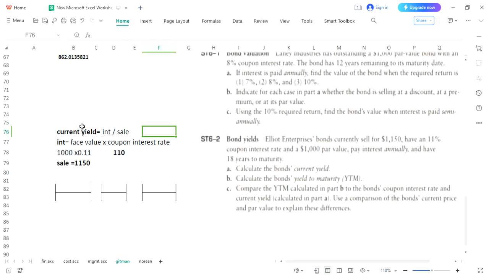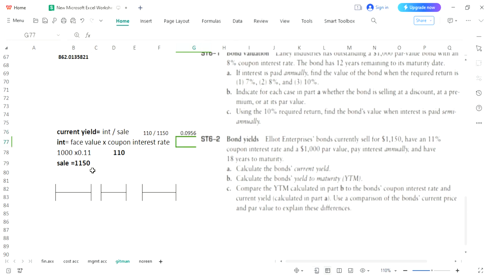For yield, what you will do, interest is 110 as you have calculated over here, and you are going to divide it by sale price, which is 1150. Put 1150 over here, and finally you will put it on your calculator. 110 divided by 1150.